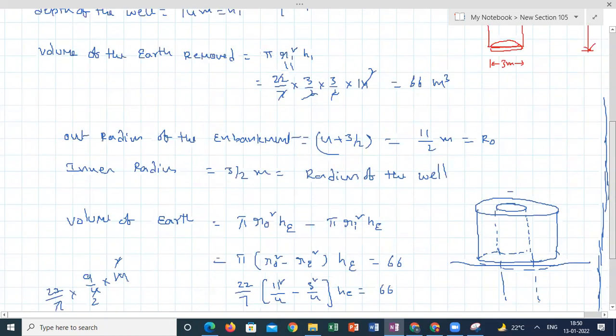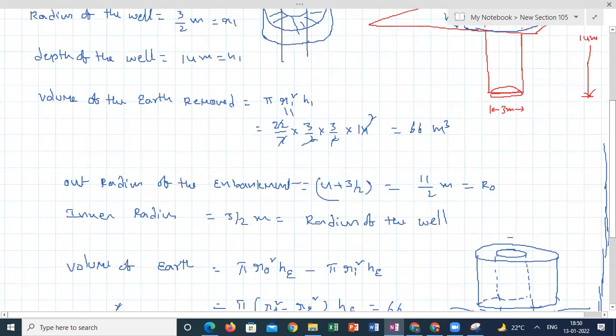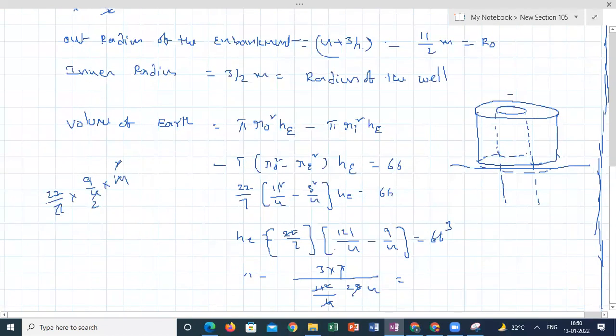It's not 66. Pi r square h. 3 by 2 into 3 by 2 into 14, 7 times. 22 by 7 into 9 by 4 into 14. So the answer is 99. Sorry guys, here it was wrong. 99 meter cube. So when it is 99, your answer is a little different.